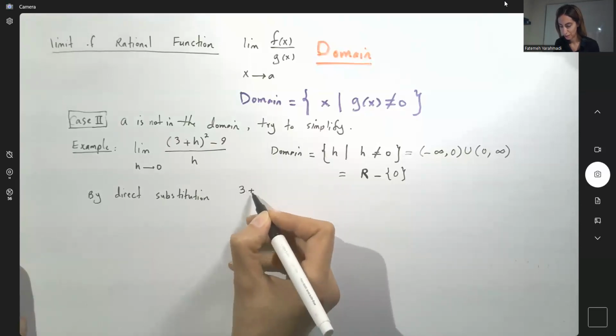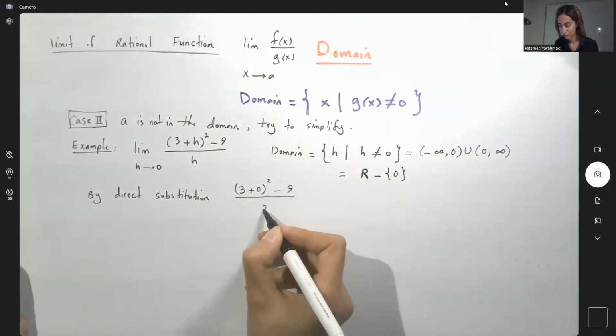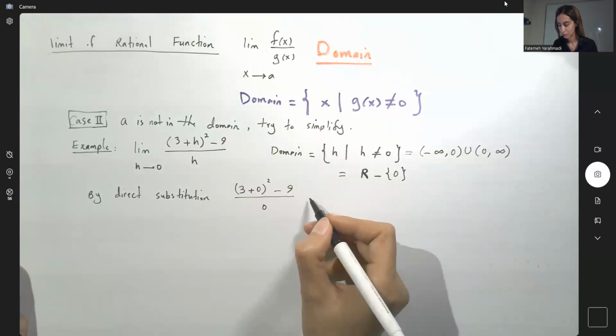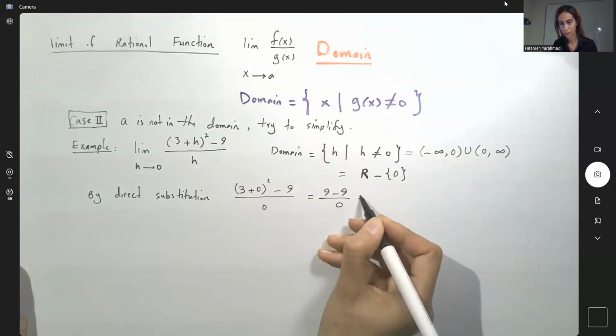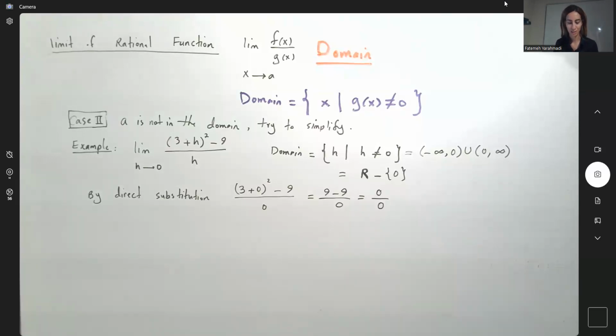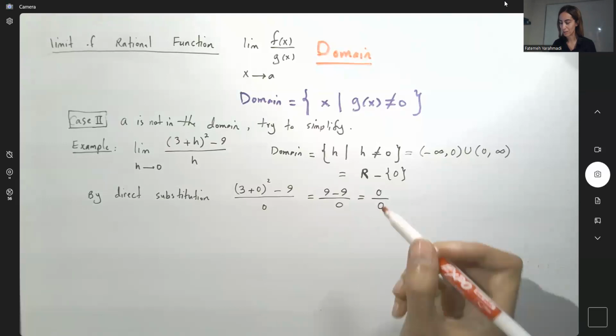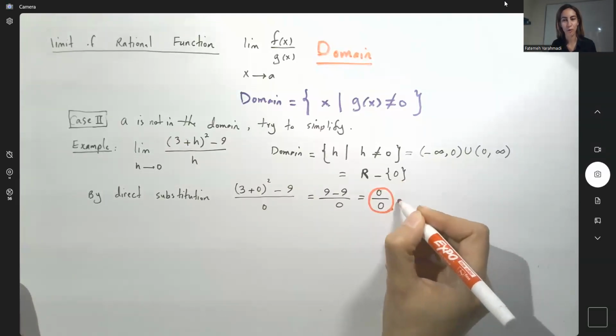You have (3 plus 0) to the second power minus 9, divided by 0. You basically have 9 minus 9 divided by 0, or you have a 0 over 0. Whenever you see 0 over 0, you call it indeterminate form.